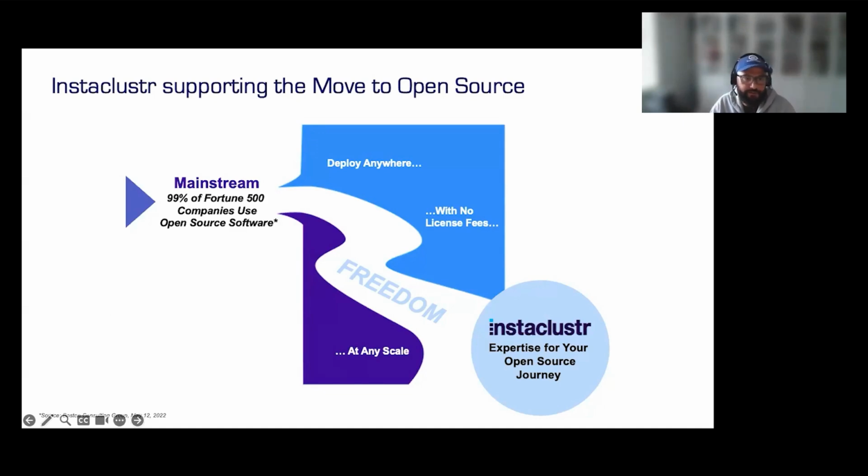So InstaCluster is supporting the move to open source by providing expertise and helping our customers in their journey, whether they are starting, or they're already well advanced in combining open source and using it in their day-to-day data platforms and data usage.